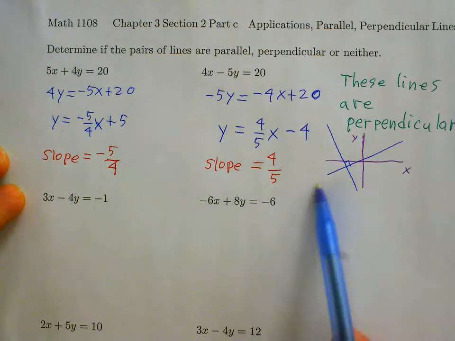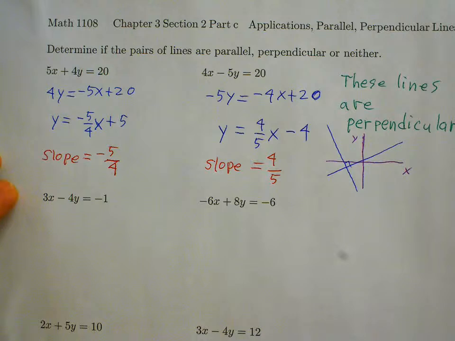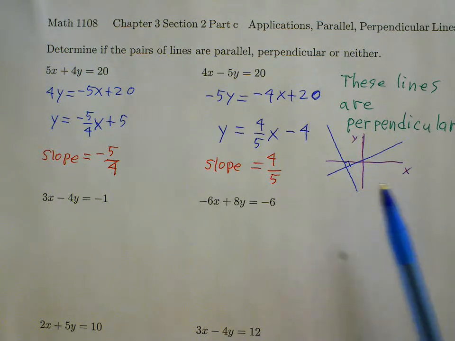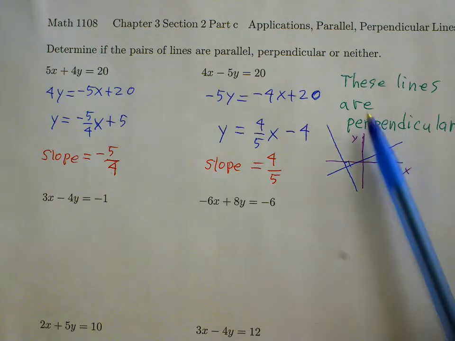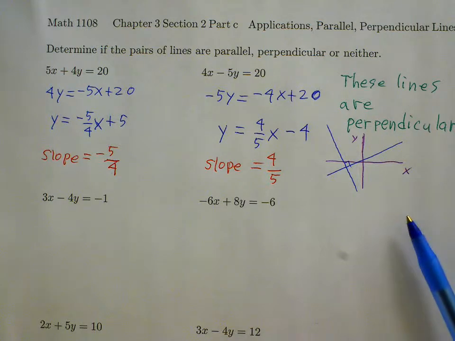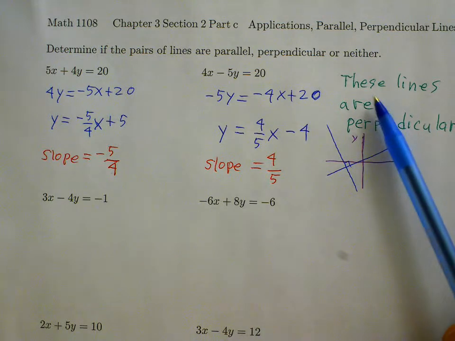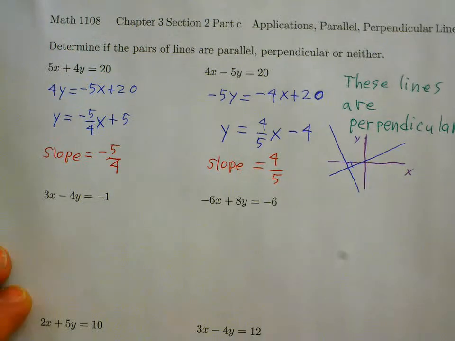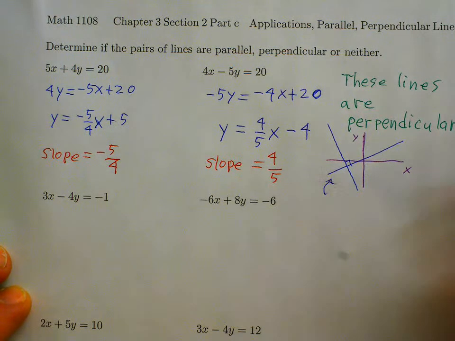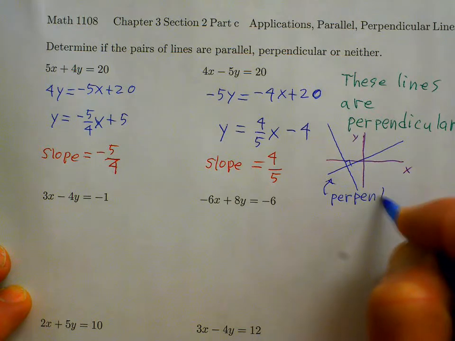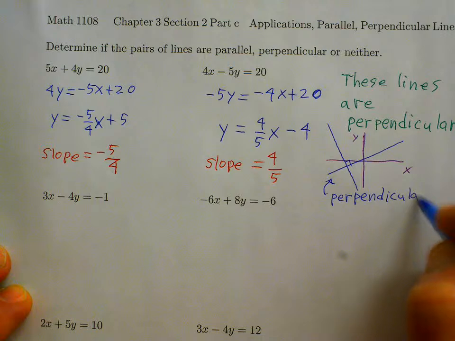They form a right angle when they intersect. Another example of perpendicular lines are the x-axis and the y-axis. But the slope of the y-axis is undefined because it's a vertical line. So this is just one example of perpendicular lines.